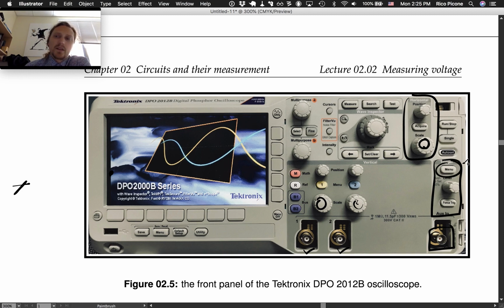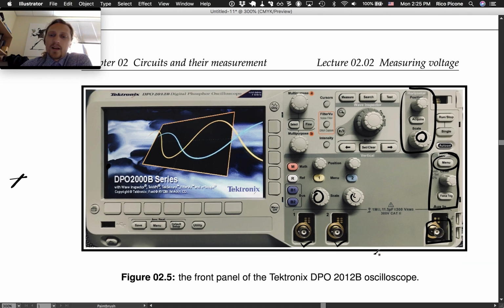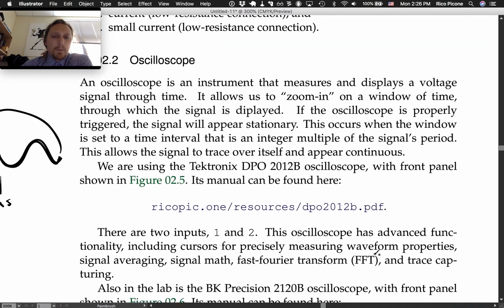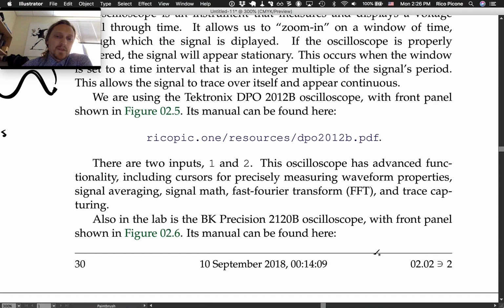There's continuous run, and these allow you to adjust that too. I encourage you, it's one of those things you kind of have to play with. So play with it, see if you can get stable waveforms on the screen, and see how it goes from there.